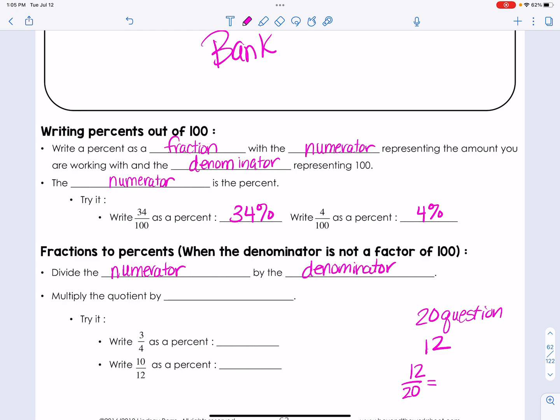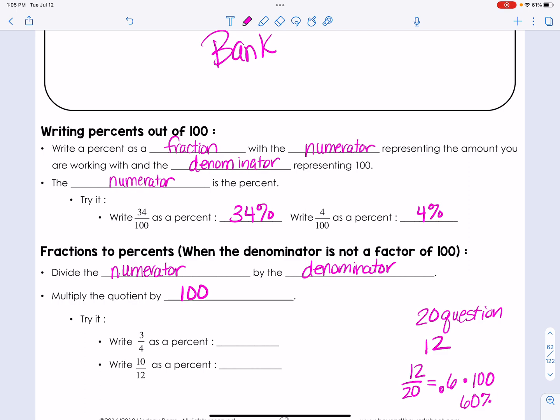And you're going to divide. So if I did do that, 12 divided by 20. Sorry, I'm making up my own problems here, so I need a calculator. So I'd have 12 divided by 20. That's 0.6. Okay, and then it says here, you're going to divide them and then multiply the quotient by 100. So we're just converting it. So I'm going to multiply that by 100 and your answer is 60%.